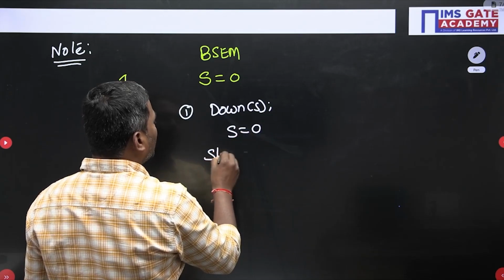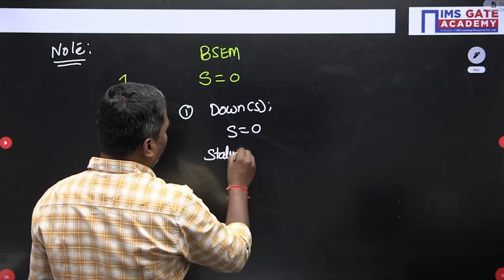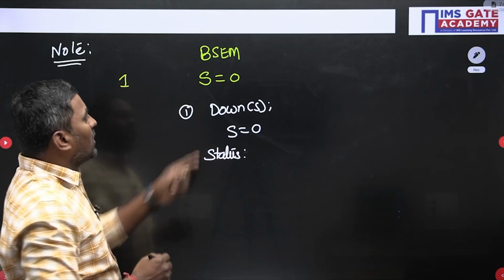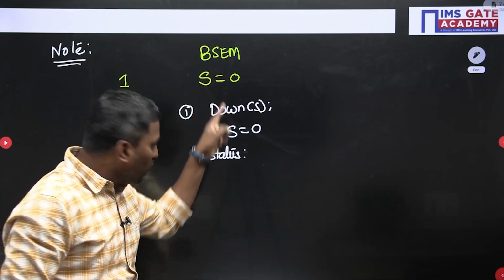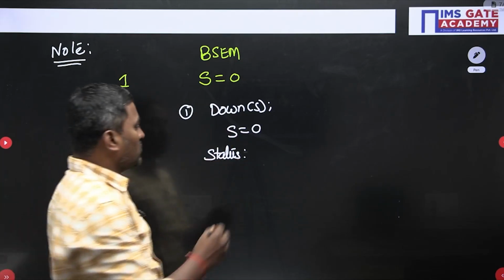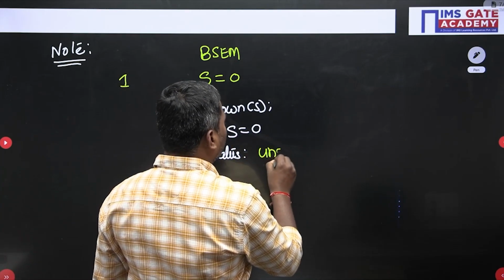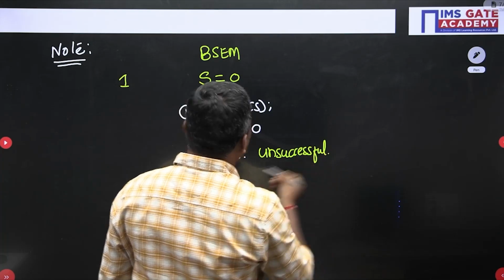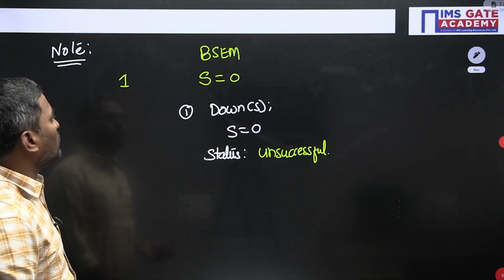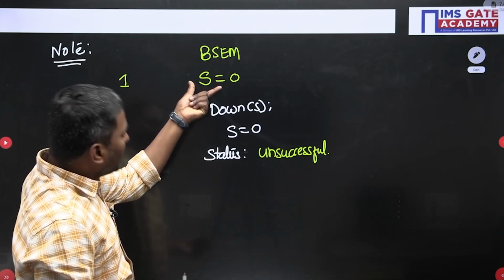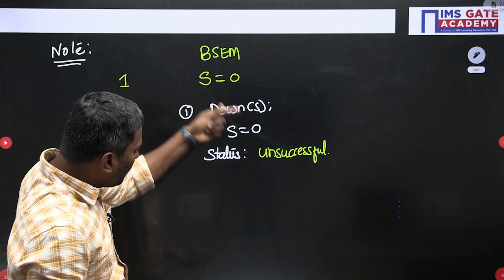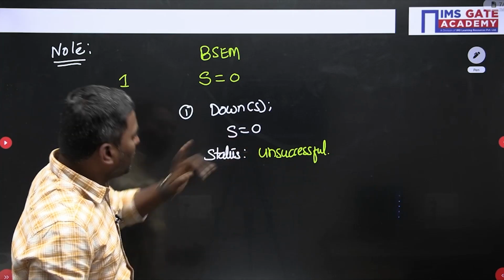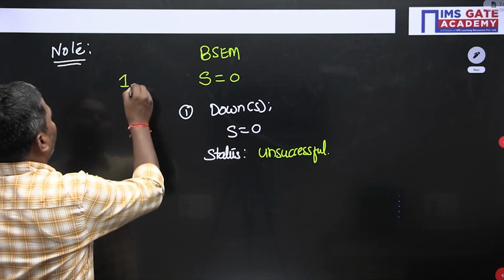What is the status of the operation, successful or unsuccessful? Initially S is 0, and when I perform down on S it is still 0, so we call this an unsuccessful operation. This information will help you solve problems. When a binary semaphore is initially 0, after a down operation it is 0 only, which is an unsuccessful operation. This is point number 1.